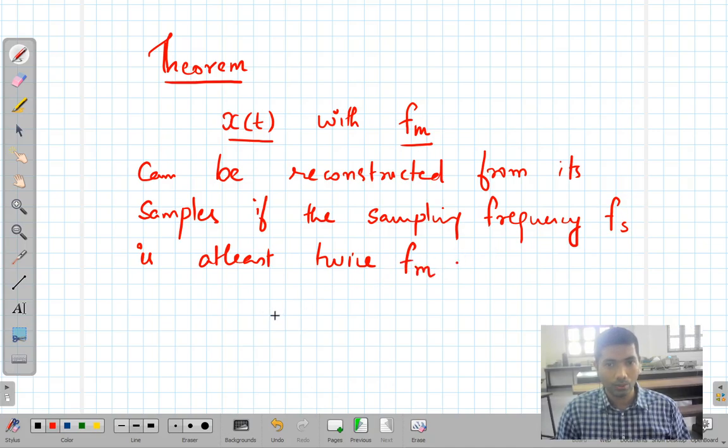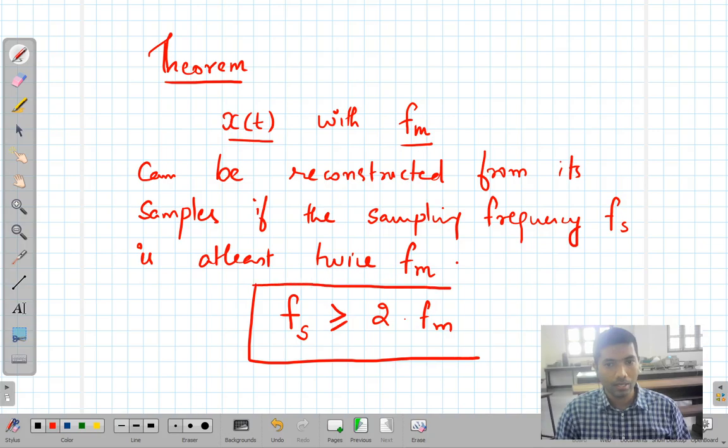Analytically we can write the condition like this. We require the sampling frequency to be at least twice the highest frequency component of the signal. So this is the sampling theorem.